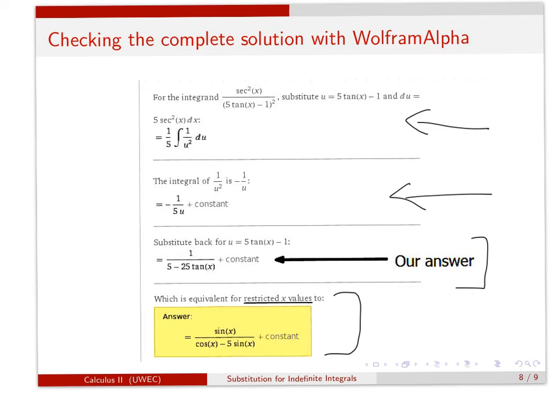I noticed that, as pointed out here, it says that that's for restricted x values. So I don't really understand why it did that exactly, except perhaps to show off that it knows all kinds of trig identities. But using the step-by-step solution method, we did find exactly the same answer with WolframAlpha as we did with our previous hand calculations.